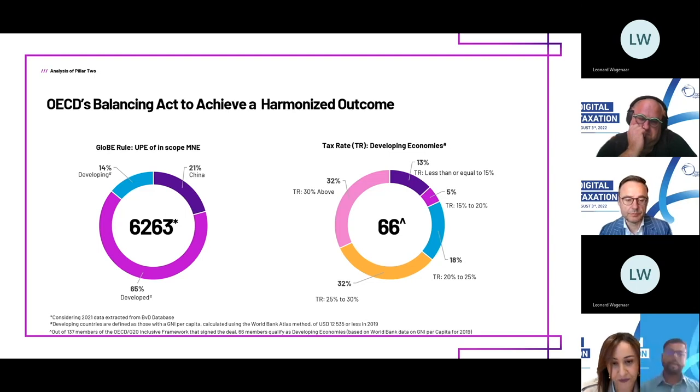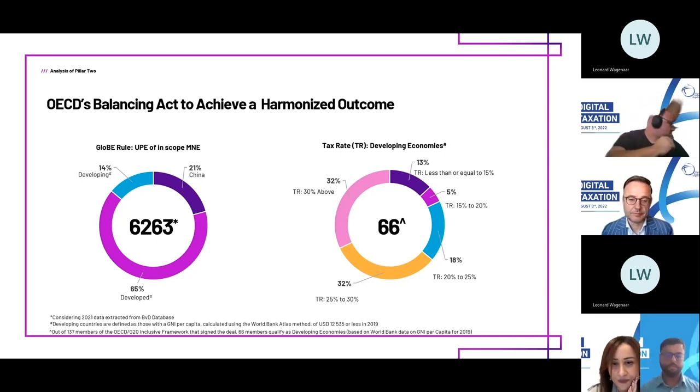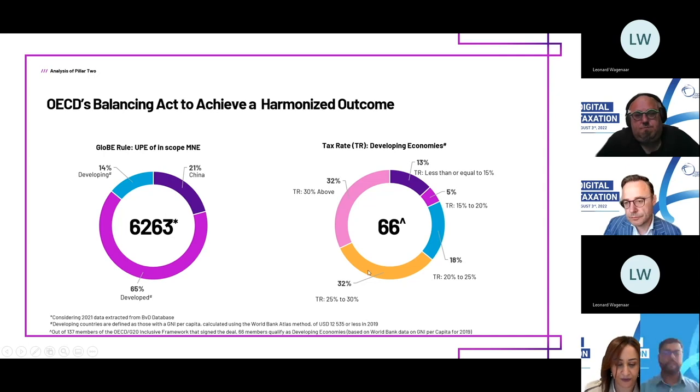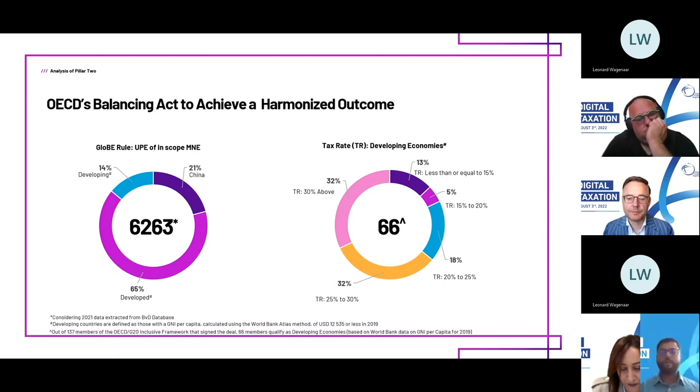Out of those 128 member countries, 66 qualify as a developing economy as per the OECD's definition of developed and developing economy. Of these 66, almost 32% have a tax rate above 30%. Another 32% of developing economies have a tax rate between 25 and 30%. And 18% have a tax rate between 20 and 25%.